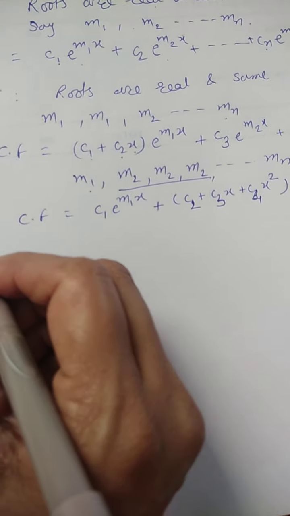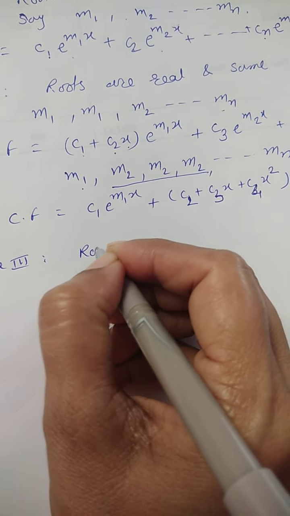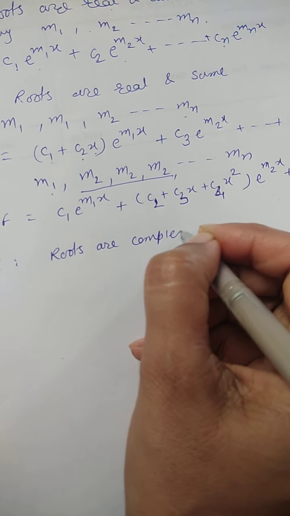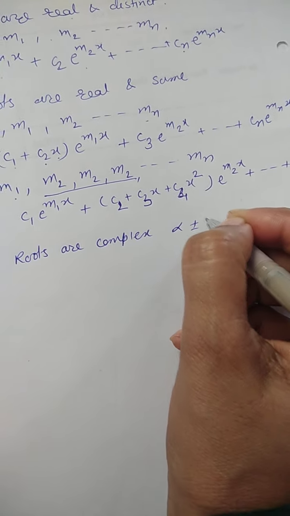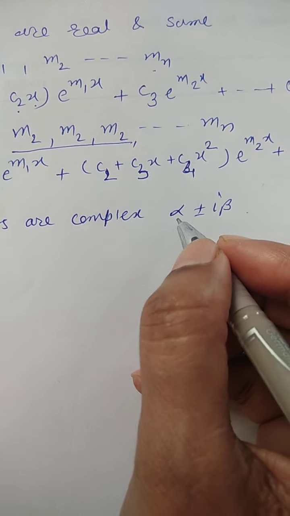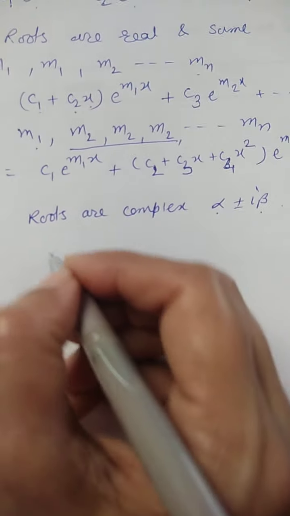Real and repeated roots, and then the third case is when the roots are complex or imaginary. If we have a pair of complex numbers, say alpha plus minus i beta, in that case we have to use the real part and imaginary part for writing CF.